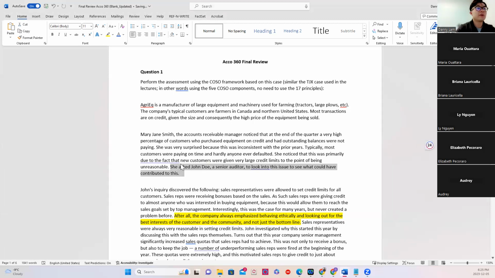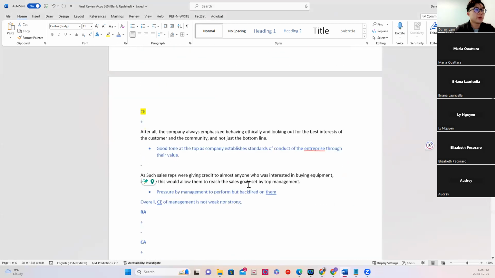The control activity is usually mostly for within the company, but I guess this is a valid point, so I'll put it.